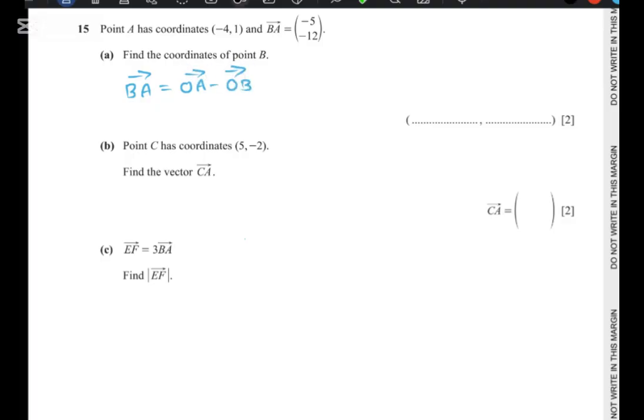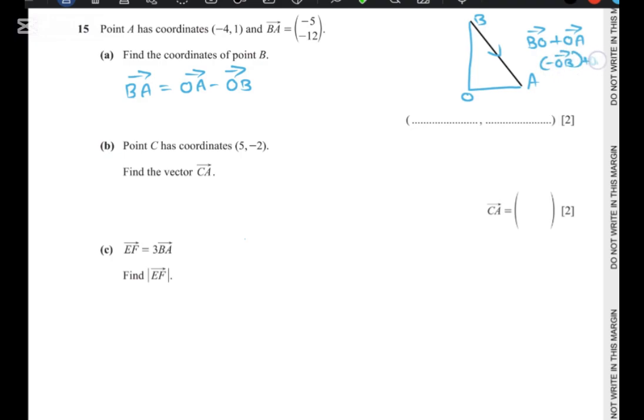And what is the reason behind this? Suppose this is a vector BA, and when you try to connect it with an origin, BA will be BO plus OA. Now what is BO? BO is negative OB.